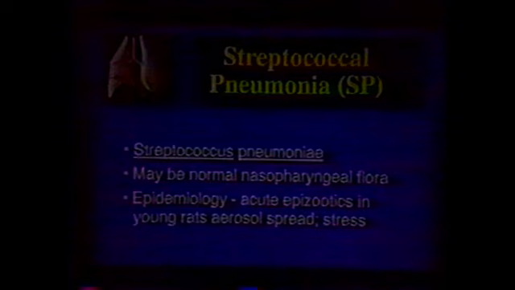It may be part of the normal nasopharyngeal flora that is kept in check by normal immune mechanisms, and then when the animals are stressed or suffer immunosuppression from stress or some protocol manipulation, their immunity may go down to the point where this pathogen can establish itself, and then it may be spread by aerosol to other animals.